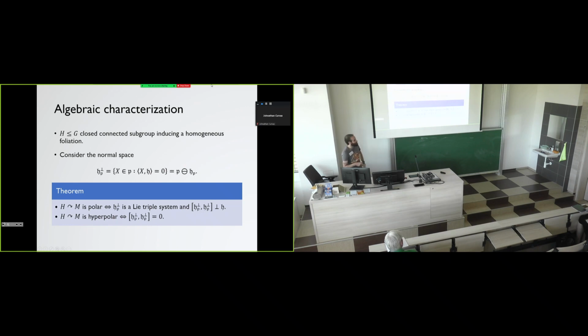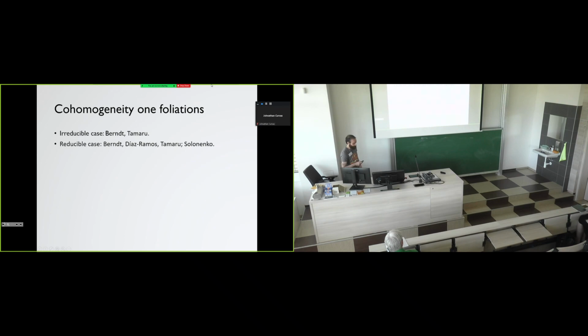Okay. So with this in mind, we are now ready to understand how the classification works in low cohomogeneity. So, how restrictive is that condition that H defines the foliation? Is it easy to check?